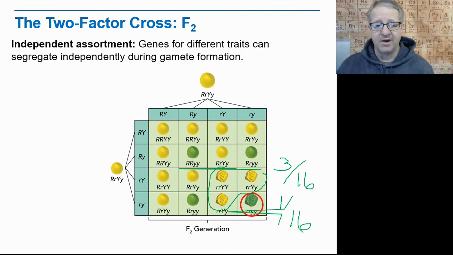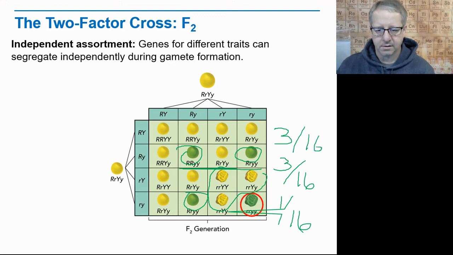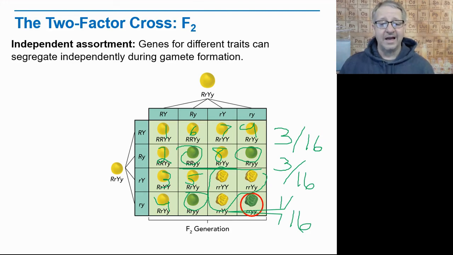So it would be round and green. Well, we see 1 here, and 1 here. So that's, again, 3 out of 16. Okay, and that leaves us with 1, 2, 3, 4, 5, 6, 7, 8, 9 that are yellow and round. So that's 9 out of 16.